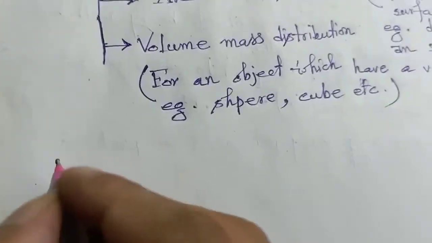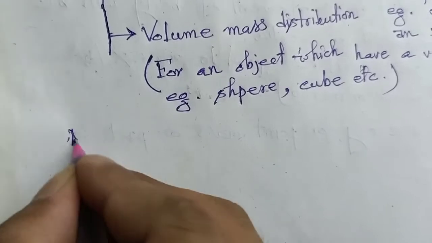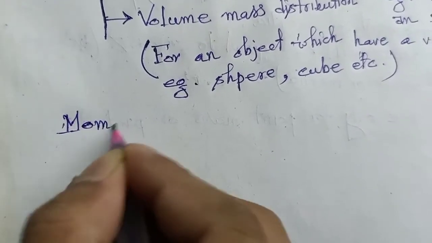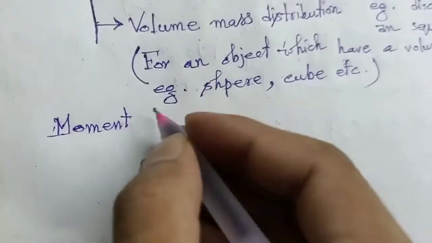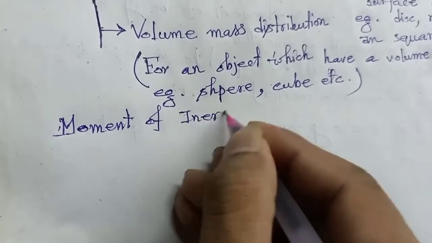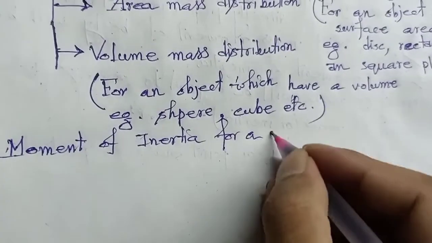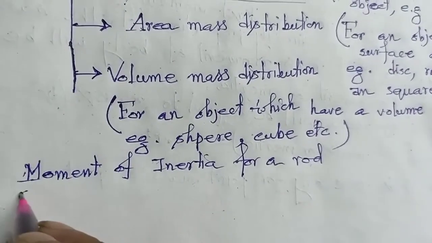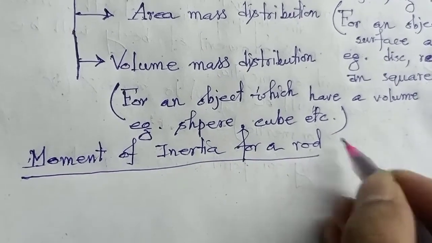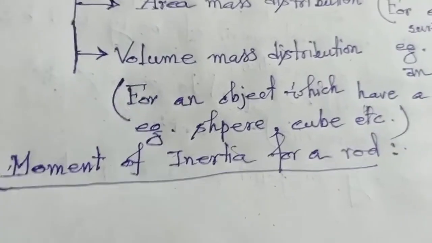To find the moment of inertia of a rod. Before finding the moment of inertia, the mass distribution and position of the axis are very dependent parameters.